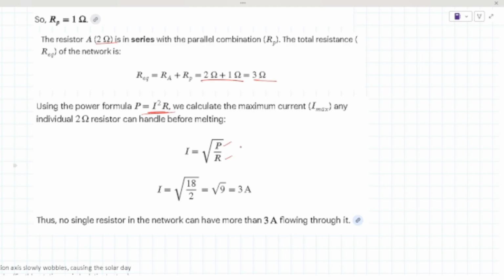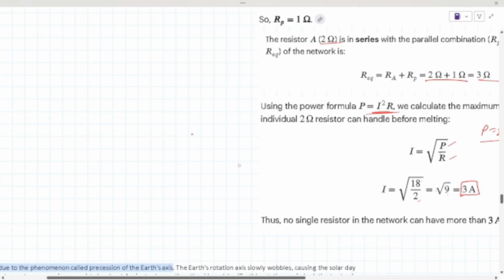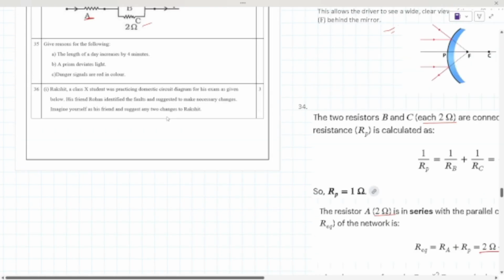As an example, here we take P equal to 18, so it will be 18 by 2, root under 9, which will be 3 ampere, if P is 18. Otherwise, when the value of P is given, put that value. This was the example, as here it is not given.